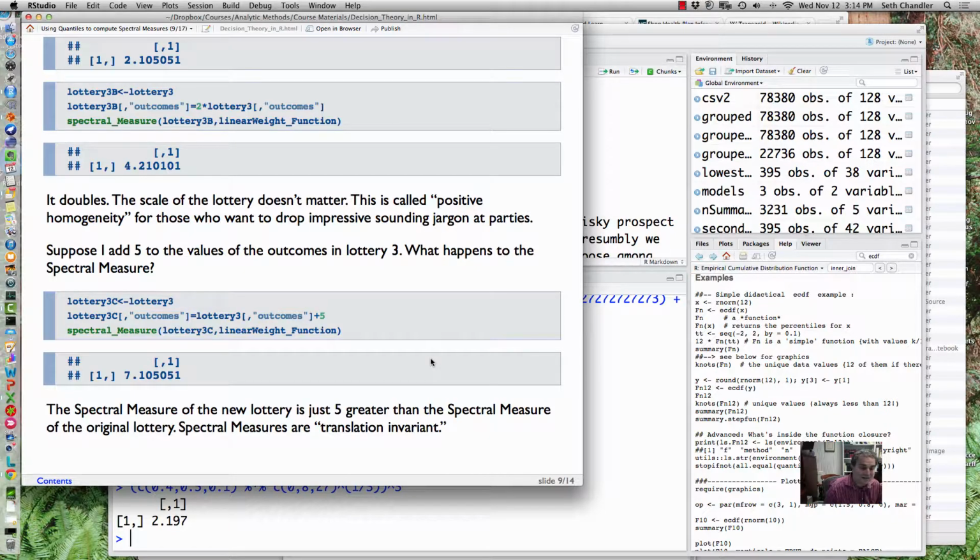And so it has that virtue. And of course, since it has positive homogeneity and translation invariance, that also means if I quadruple all the outcomes and add 7 to it, to calculate the new spectral measure, I can just quadruple the old spectral measure and add 7 to it. Those affine transformations work as well.